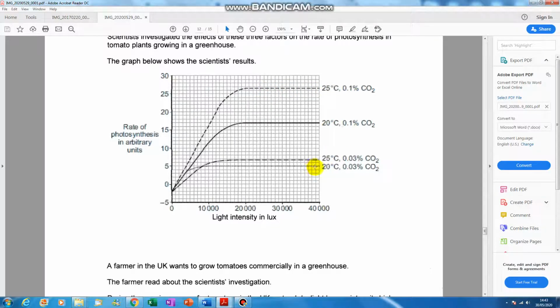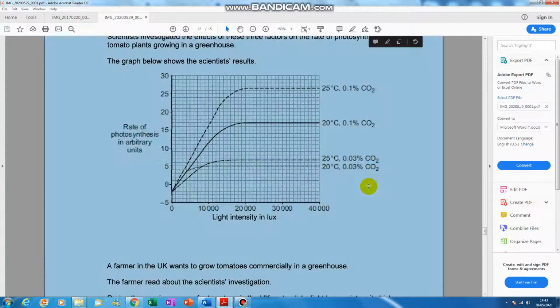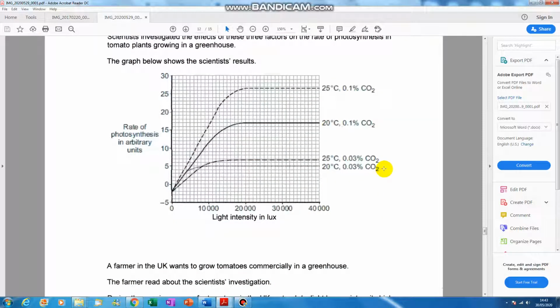Actually, this really fine dotted line is a 20 degree one, and this solid one is a 20 degree one. So they're changing the temperatures between 20 and 25 degrees, and they're also changing the CO2 from 0.03 percent concentration to 0.1% concentration.